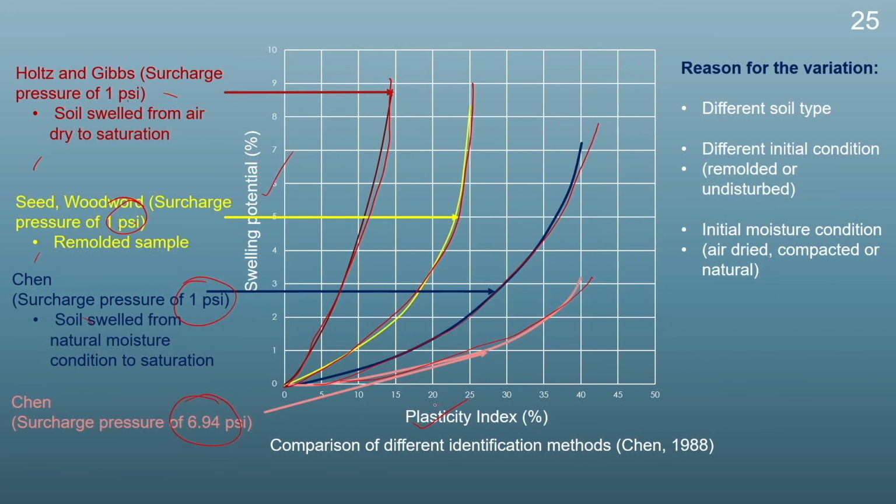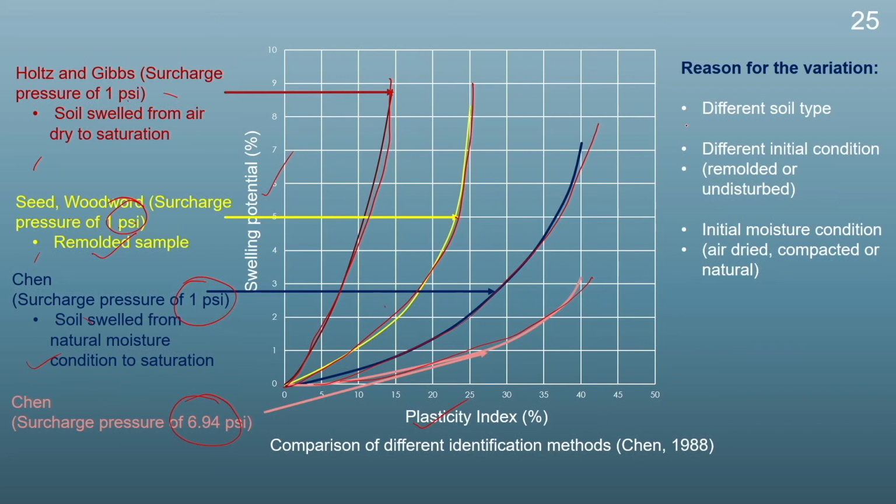So, this may be because of the initial condition. In the Holtz and Gibbs method, the soil was allowed to swell from air dry to its saturated state, whereas in the Seed-Woodward method, remolded soil samples were used, whereas in the Chen method, the soil was allowed to swell from its natural moisture condition to saturation condition.